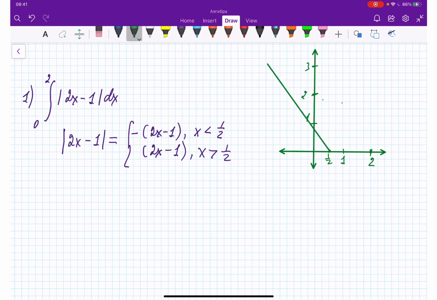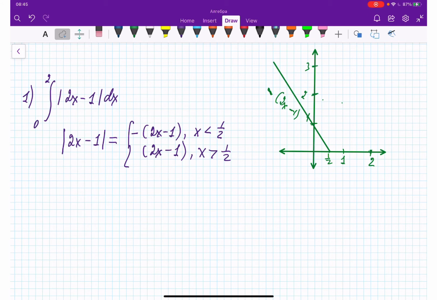So this is going to be my negative (2x minus 1). And for the positive part, 2x minus 1, let me plug in x equal to 2, that's our limit.